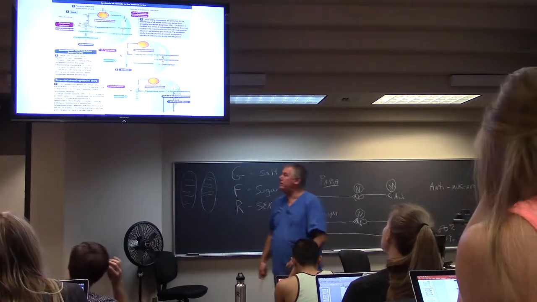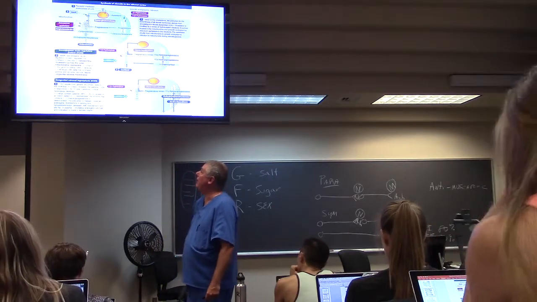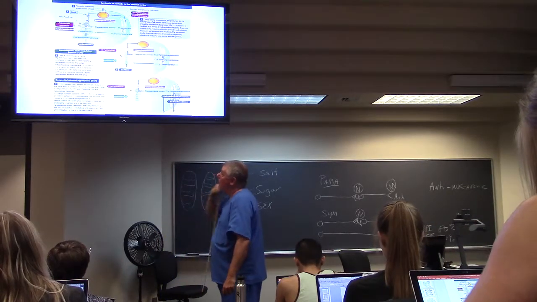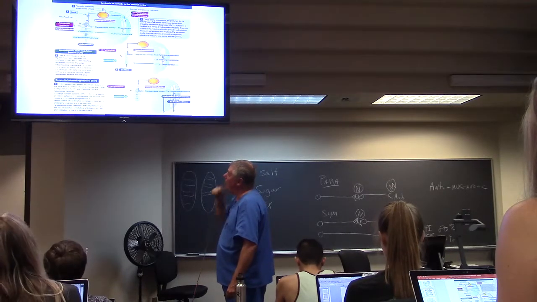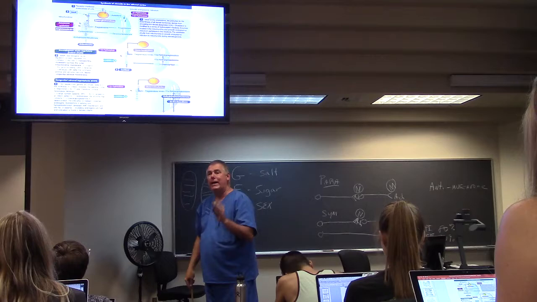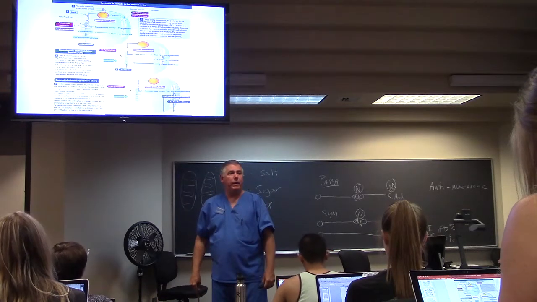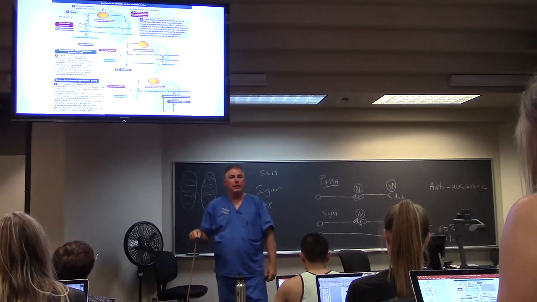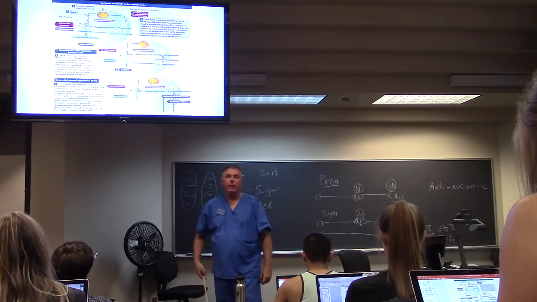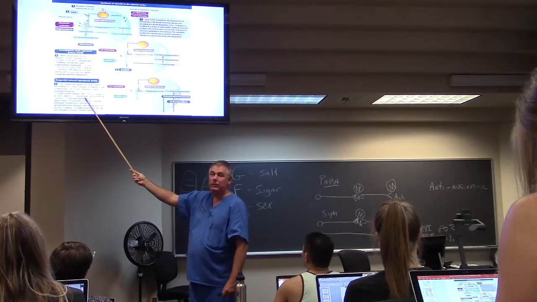Now, the other thing I want you to see about this is this little box right here, congenital adrenal hyperplasia. Well, in congenital adrenal hyperplasia, the enzyme defect that they wind up with, it's an inherited disorder, there's a defect in a gene that produces the enzyme 21-hydroxylase.